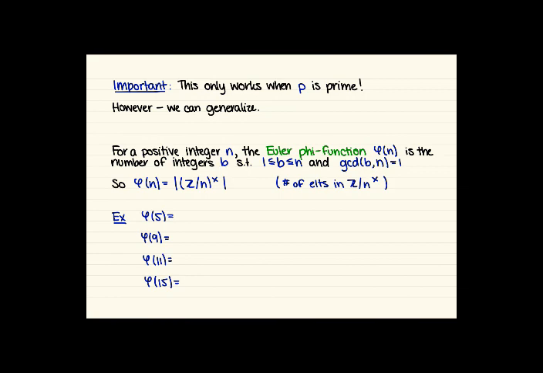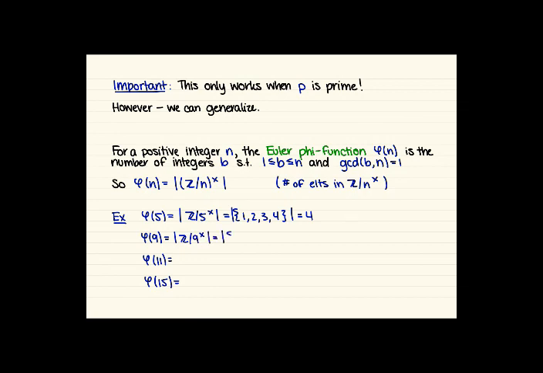So for example, if we're looking at phi of 5, then we're looking at the size of Z mod 5 cross, that group of units. So listing everything in there, we've got 1, 2, 3, 4. So that's 4 elements. Looking at phi of 9, we've got the number of elements in Z mod 9 cross.